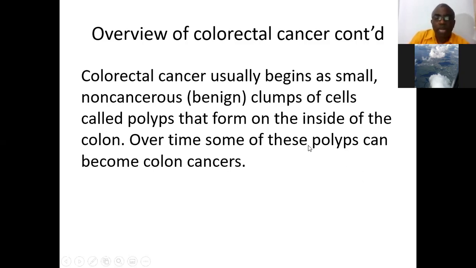So we say over time, some of these polyps, and we're going to show you in a picture what the polyps look like, some of them change and can become cancerous. It might take up to 5 or more years for that to happen.